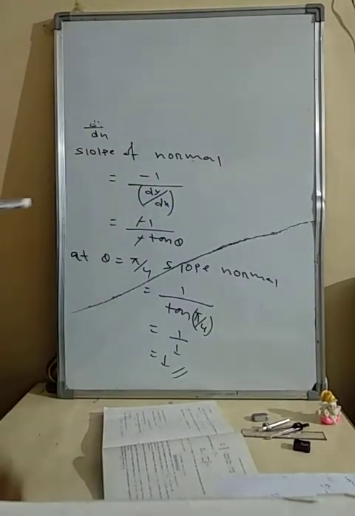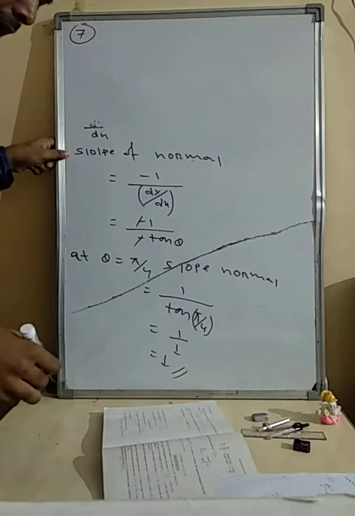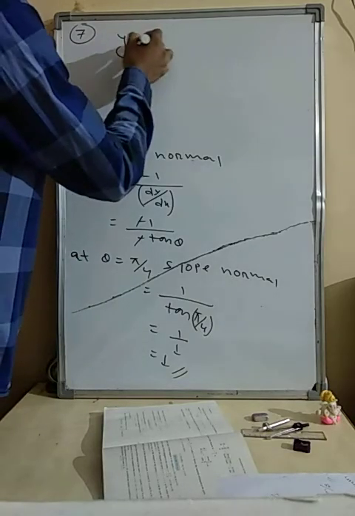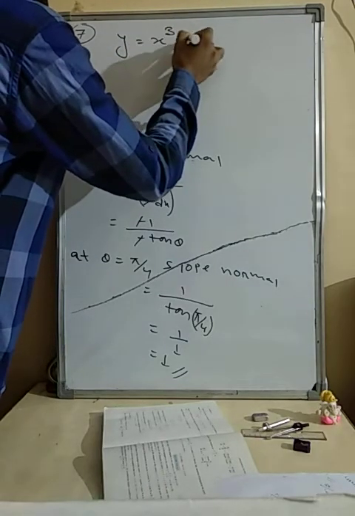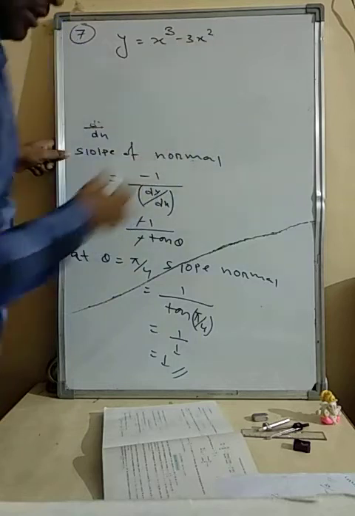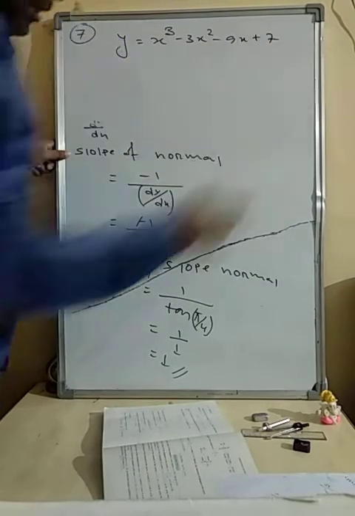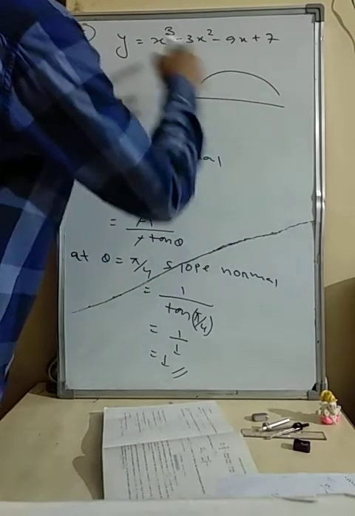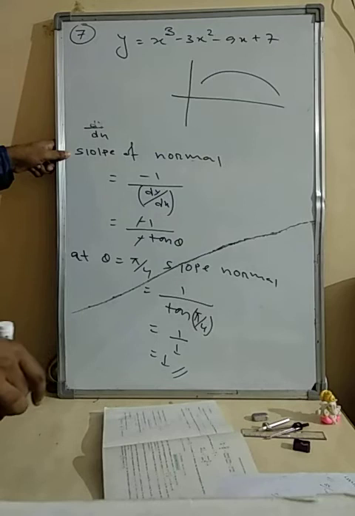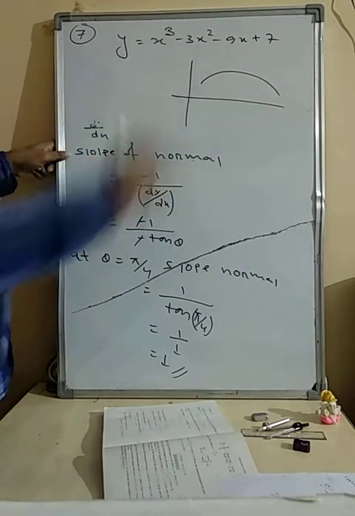So question number 7 is asking: find points at which the tangent to the curve y equal to x cube minus 3x square minus 9x plus 7 is parallel to x-axis. Suppose I draw the curve like this, not exactly this curve, but suppose this is the curve of this function.